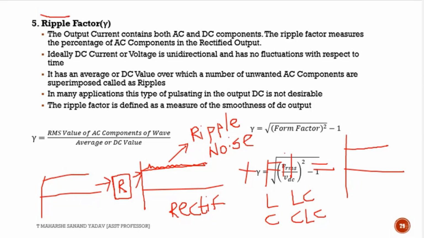Pulsative. Right, these noise terms are AC in nature, whereas the line you can see here is DC. So this rectified output contains both AC components as well as DC components.